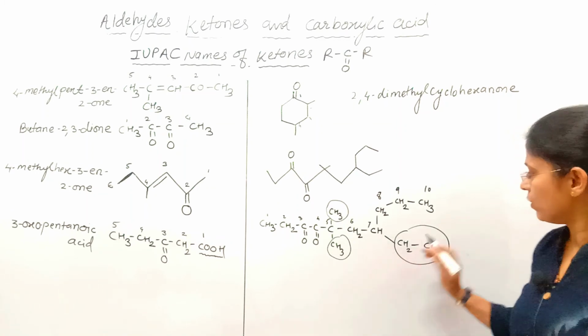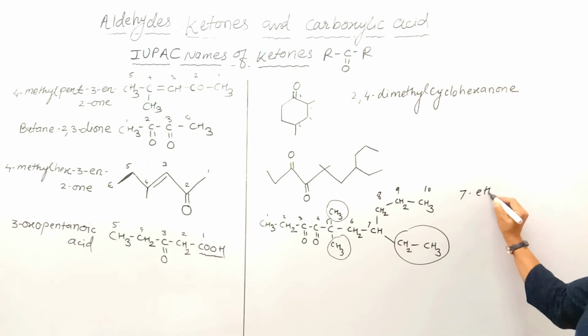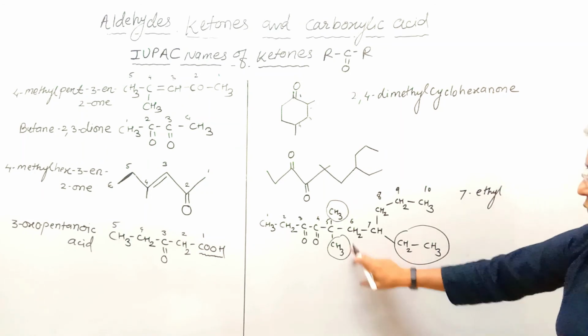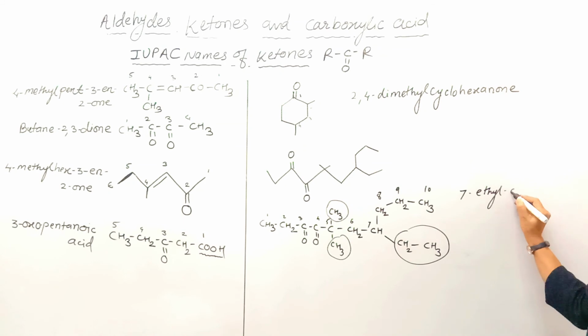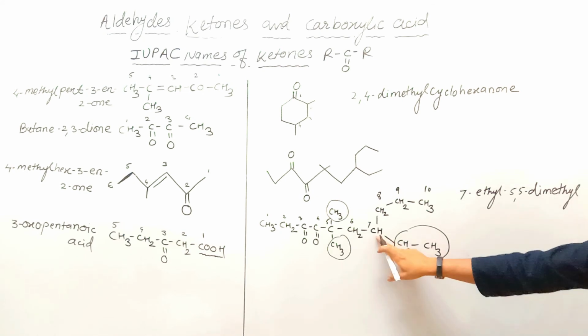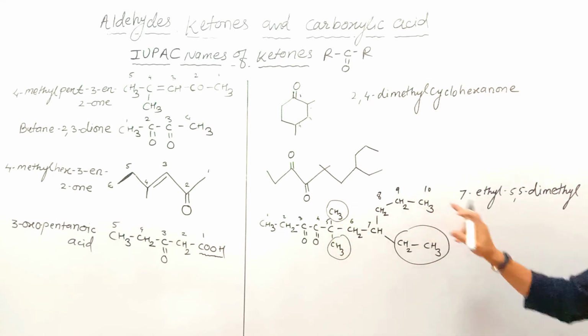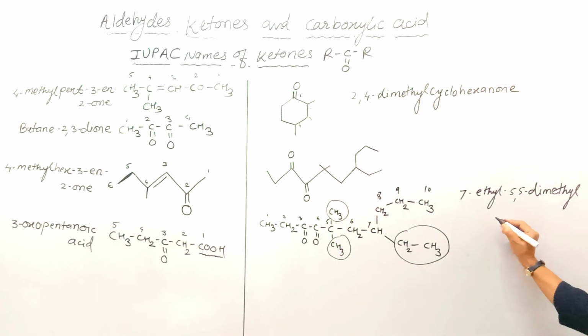That's why I will name it as, see carefully, 7-ethyl, 5,5-dimethyl, complete alkane, that is decane. So decane, write complete spelling.